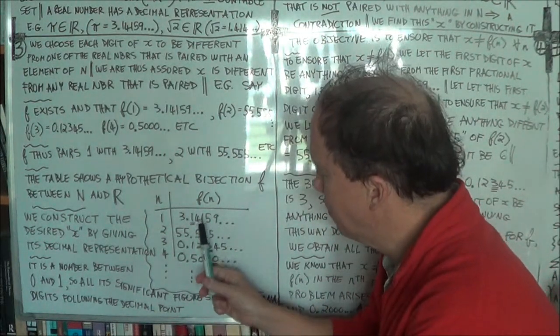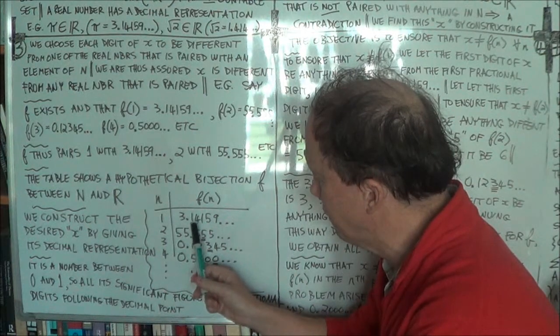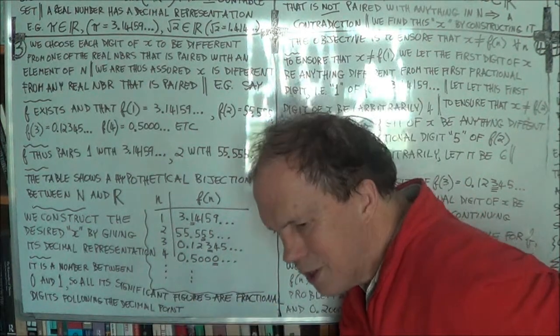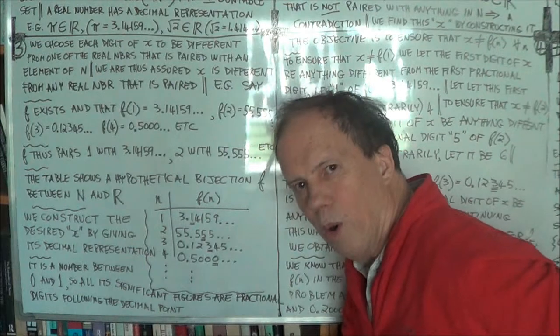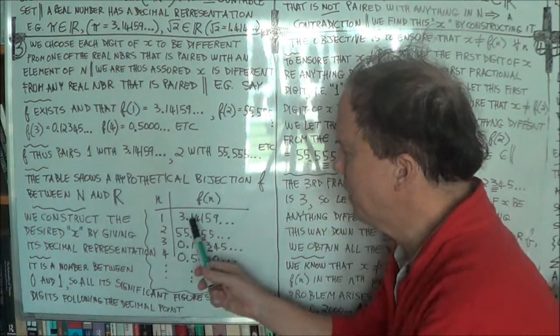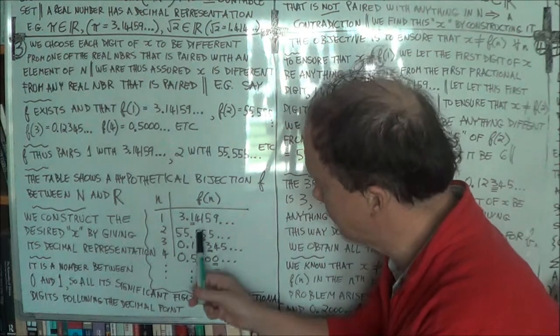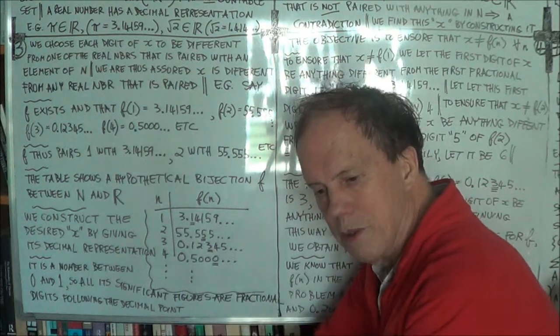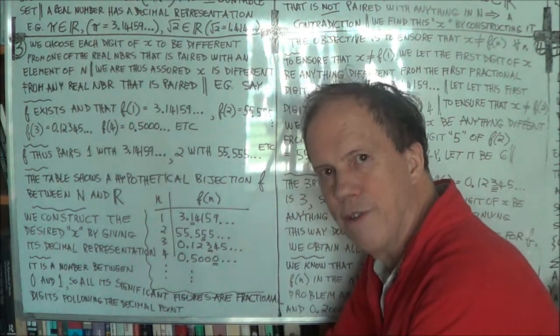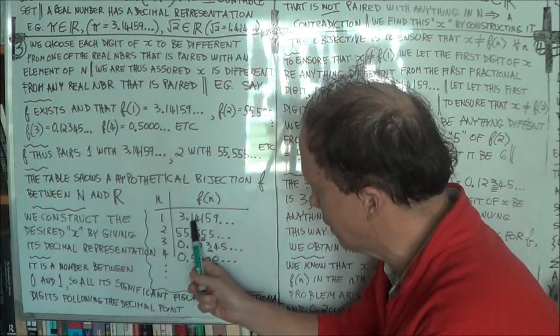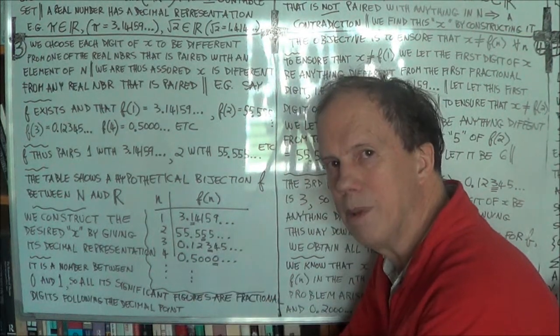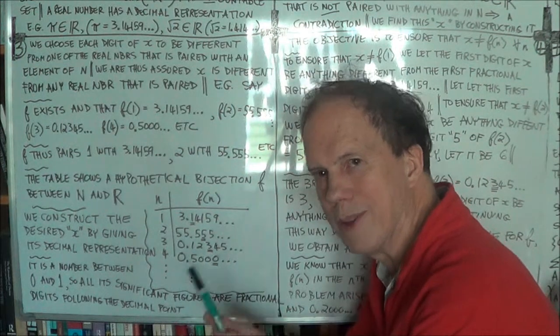So by having the first decimal digit being 4, that means that x is not equal to this. Can't be. Because the first decimal digit of x is 4, whereas this one, the first decimal digit, is 1. Maybe you're already starting to see where I'm going with this.